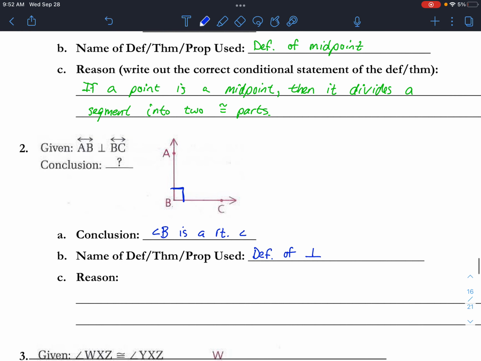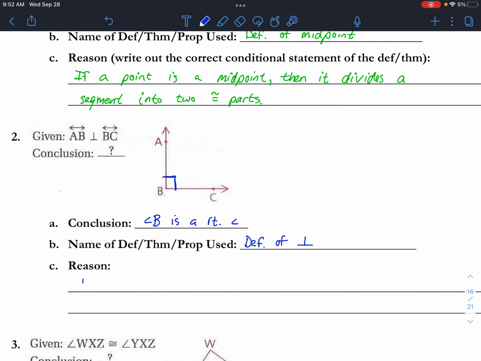All right, well, let's write that out really quickly. If two lines or segments are perpendicular, and feel free to use symbols in these. You don't always have to write out every single one of these. It's kind of nice, we're not in English class. I don't need complete sentences, but I need them to be able to be read in complete sentences.